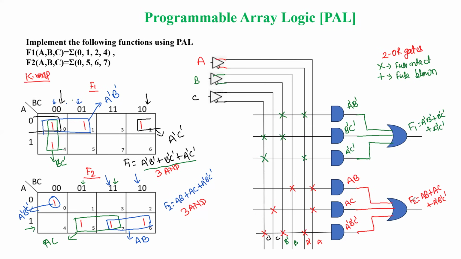Now at this stage, if you have 3-input AND gates or 4-input AND gates, for the inputs we are giving, we put the fuse intact. Other ports are not open. For those, the input is considered as 1. The input is 1 for the AND gate ports which are not connected.